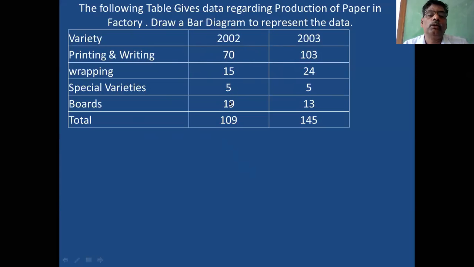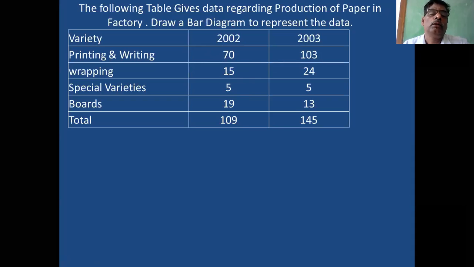Okay. 2002 total is 109. 2003 total is 145. And we calculate the percentage of each component first and then draw the diagram.